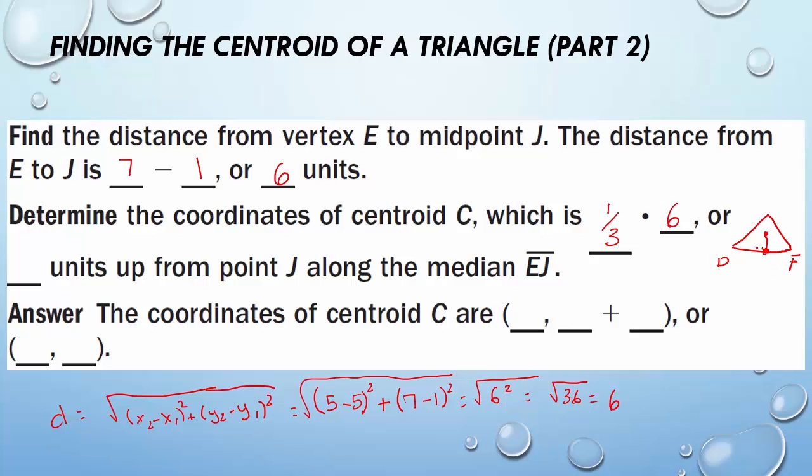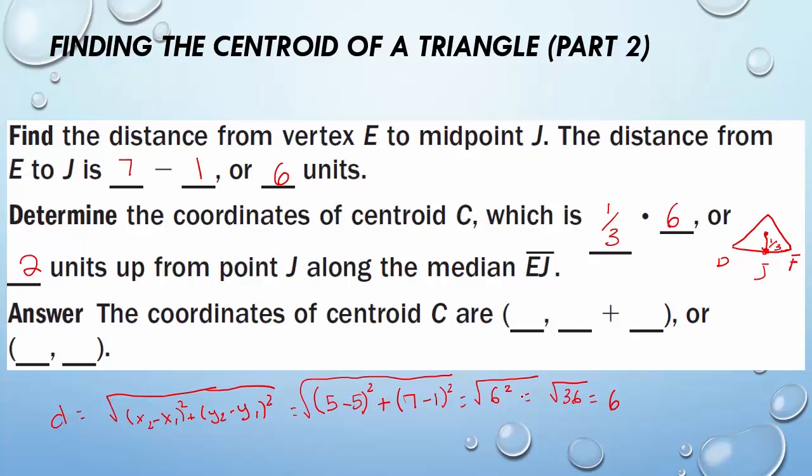So we were going from the midpoint, which is J, all the way to the center, and since it's going from the midpoint to the center, this distance over here is 1/3. If we were going from the vertex to the center, that would be 2/3. So we're looking for 1/3 of this entire distance, 6, or 1/3 of 6 is 2 units up from point J, along the median EJ.